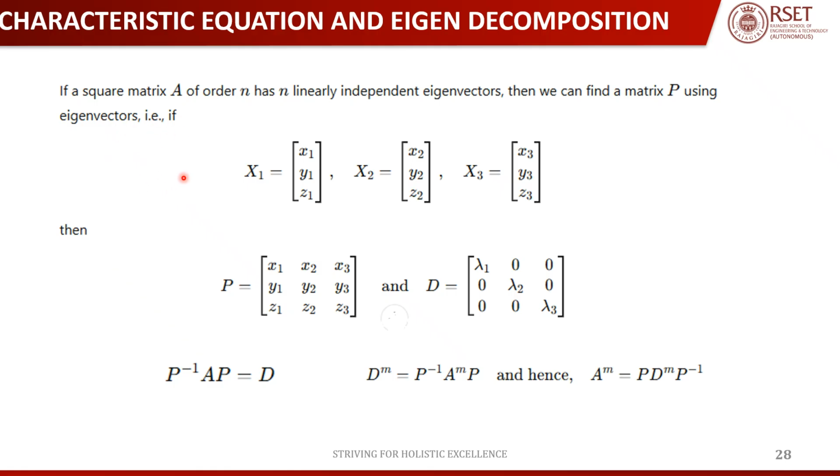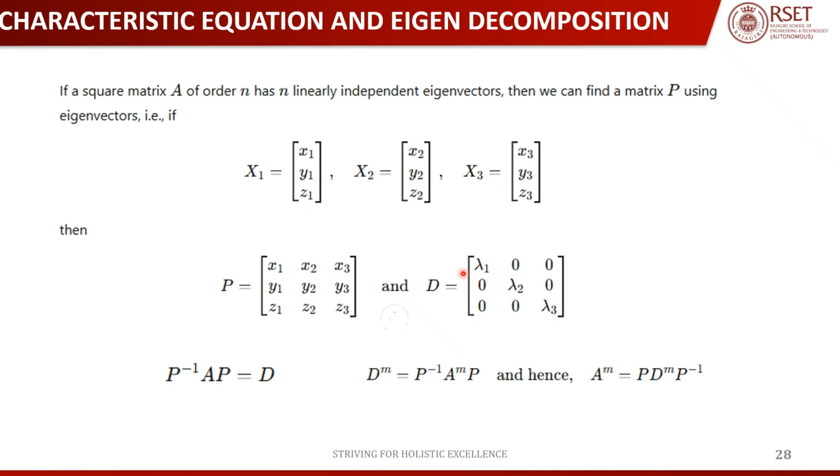Suppose A is a 3 by 3 matrix, and let x1, x2, x3 be the corresponding eigenvectors. Then you form P by placing x1 as the first column, x2 as the second column, and x3 as the third column. This matrix P is the model matrix of A. For the diagonal matrix D, the first diagonal entry is the eigenvalue corresponding to the first eigenvector, with zeros elsewhere in that column.